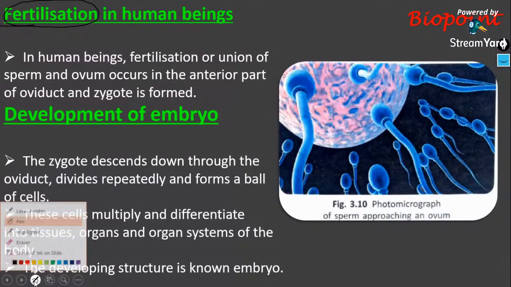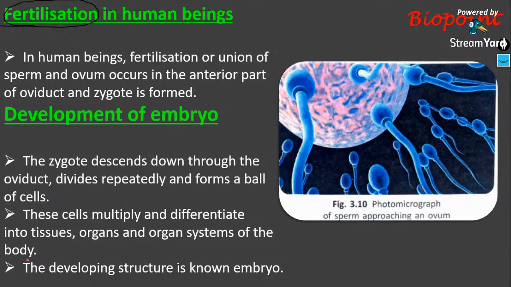What is fertilization actually? Fertilization is the fusion of the female gamete with the male gamete, the fusion of the male gamete nucleus with the female nucleus, leading to the formation of a zygote.